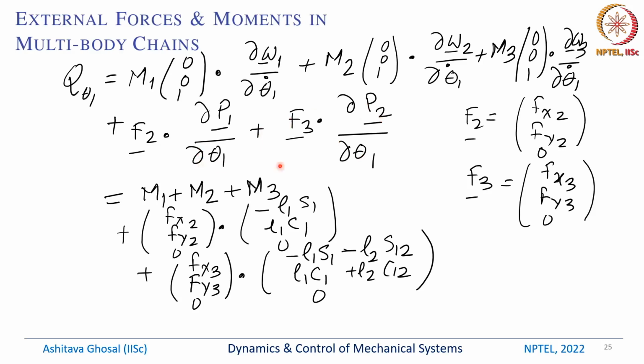So all these quantities are known, and if you now substitute, we'll get M1 plus M2 plus M3, and then you'll have F dot minus L1S1, L1C1, and Fx3, Fy3 dot minus L1S1 minus L2S12, L1C1 plus L2C12. Remember, S12 is nothing but sine of theta 1 plus phi 2.